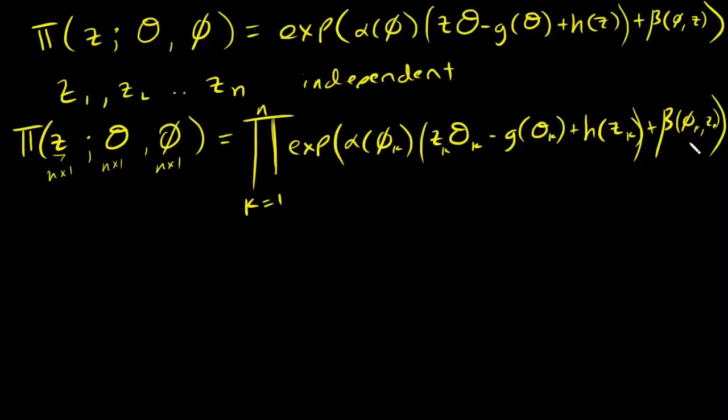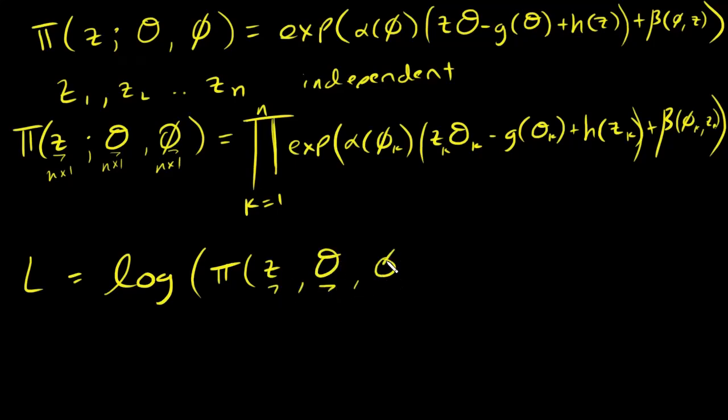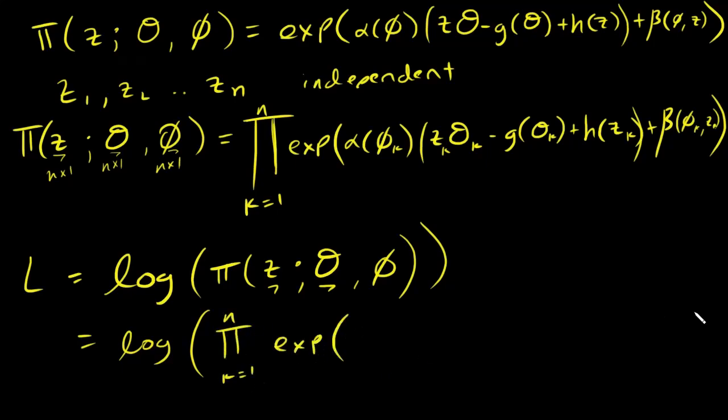Okay, so then when I have my log likelihood function, which I want to be the log of my joint density functions, right? This is going to be the log of that product from k equals 1 to n of e to the power of all this stuff.